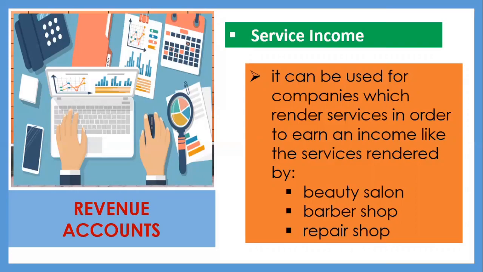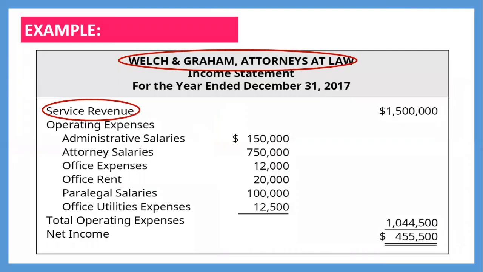This is an example of an income statement. The name of our company is Welch and Graham, Attorneys at Law. So basically, this is a law firm. And remember, law firms provide services. So that being the case, this is a service type of industry.